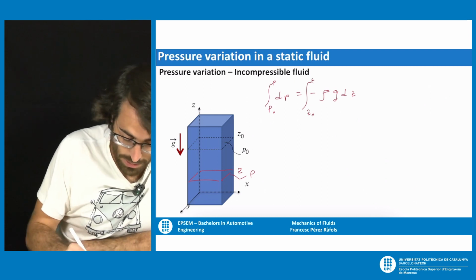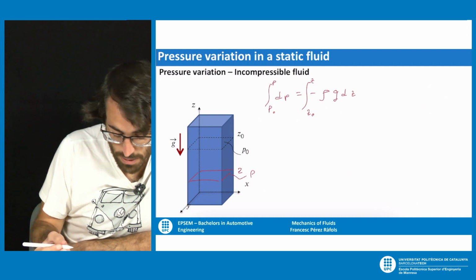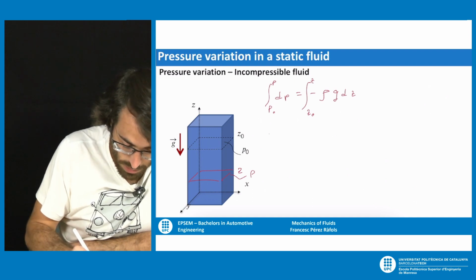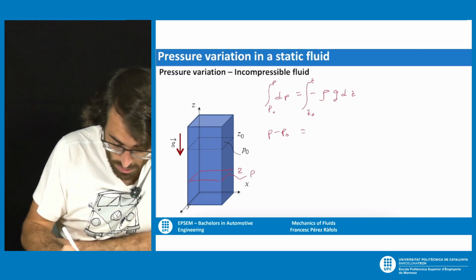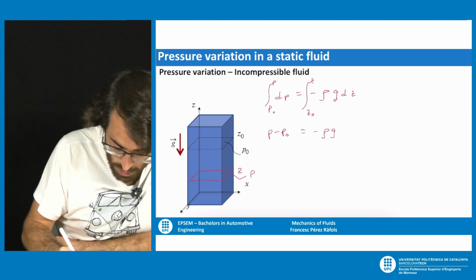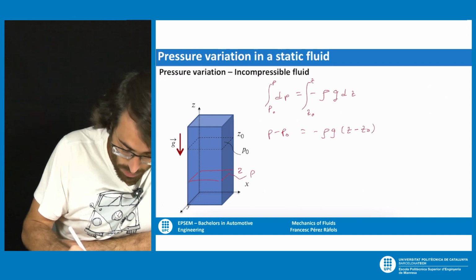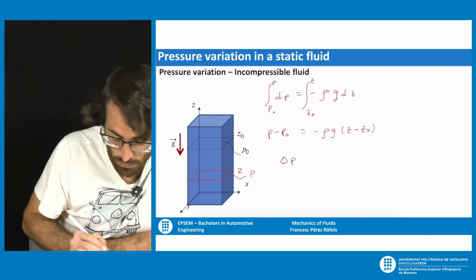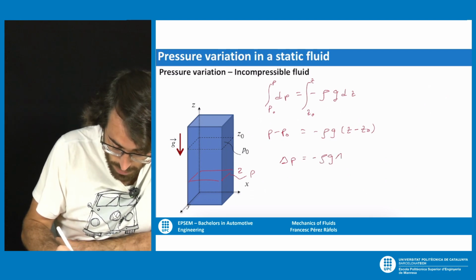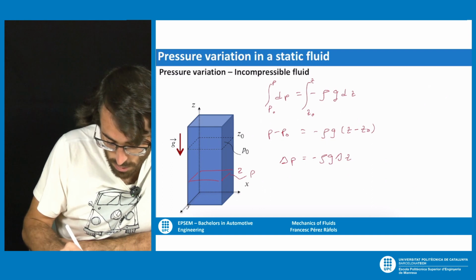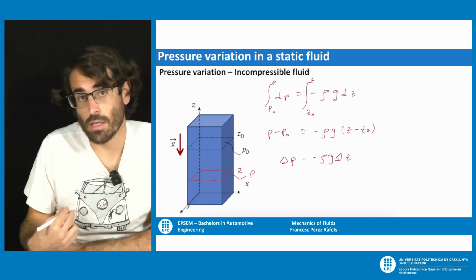Now, dP is just a constant, so the integration is simply P minus P0, and rho and g are also constants, because we're assuming the fluid is incompressible, so here we have minus rho g times z minus z0. More concisely, we can write that the change in pressure is equal to minus rho g times the change in height. Where this minus, remember, means that as we go down, the pressure increases.